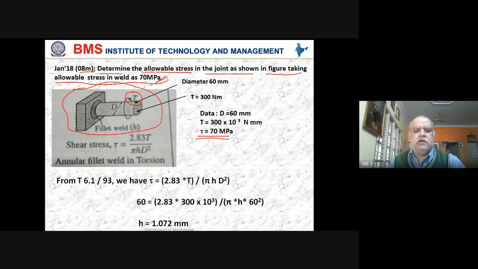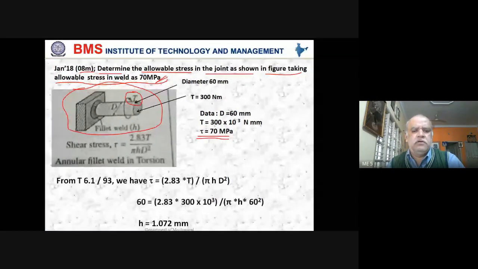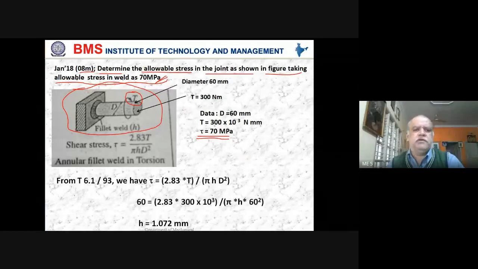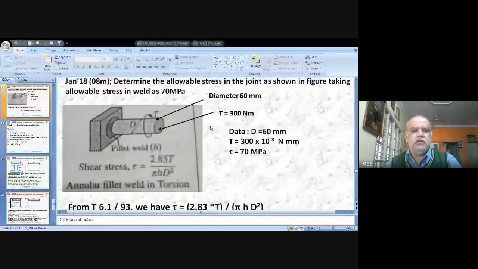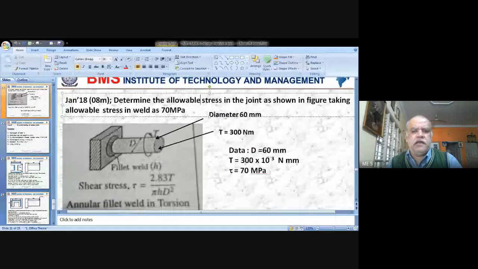Please note down and get me the value of weld size, because you are asked to find out the allowable stress in the joint. I think you have to find out the weld size, not allowable stress. Just change the problem over there. Determine the weld size.